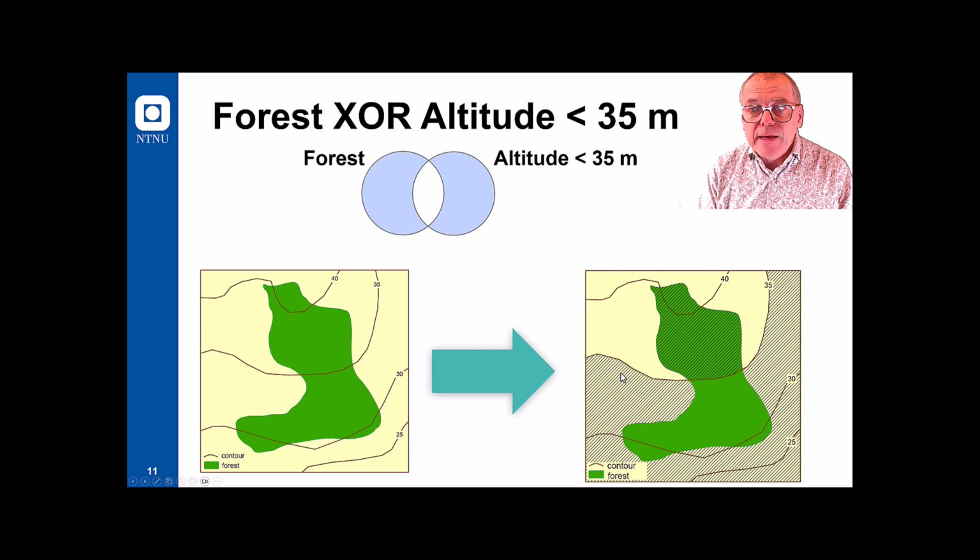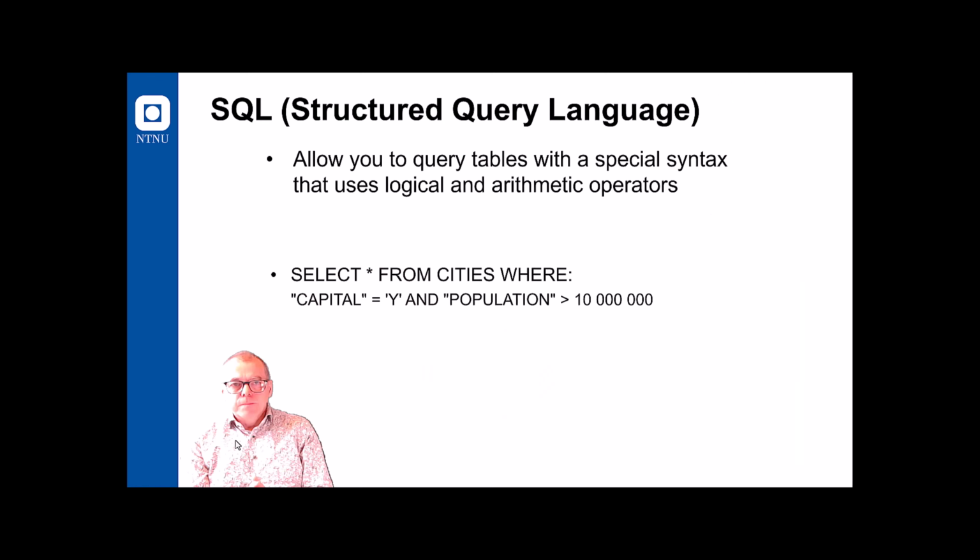And this should be included unless it is overlapping with forest. So whatever is forest and below 35 meter, we need to exclude from the selected set. But then we can also have forest which is above 35 meters, because that is not part of the set which is below 35 meter.